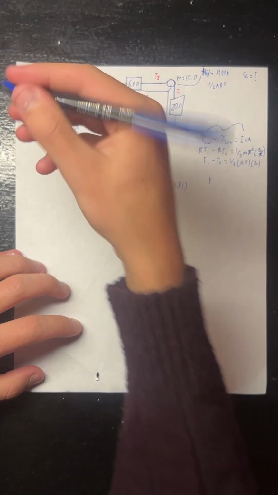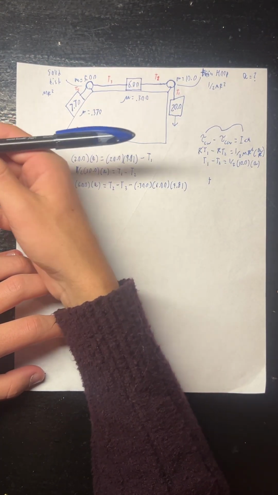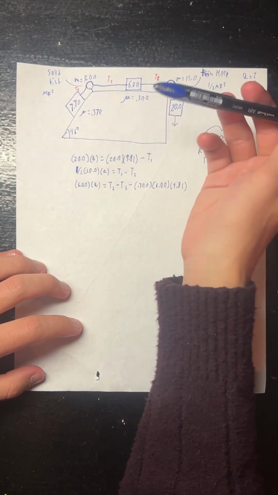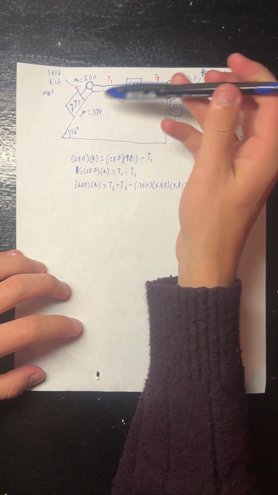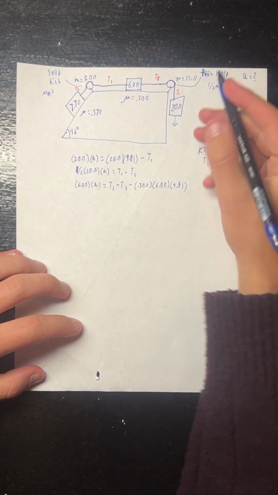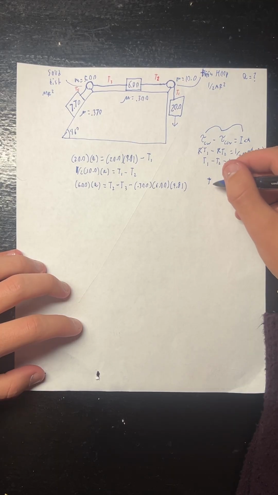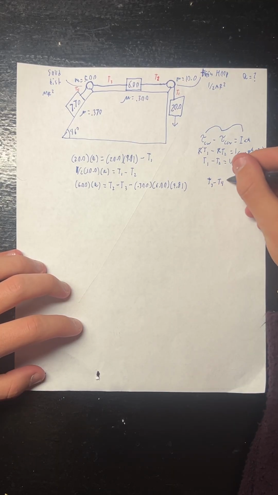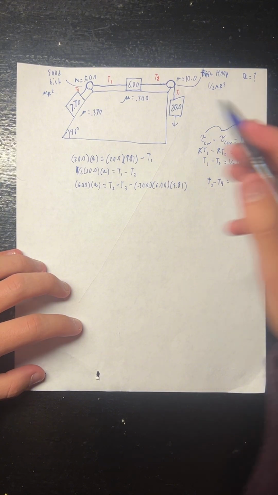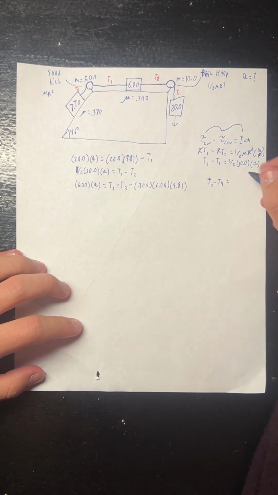Now we set up our fourth equation, and it's the same concept as this. It's just going to be the force going that way, RF, the tension that way, minus RF, tension that way. So it's going to be T3 minus T4, and we're already canceling out the R's, equals, the solid disk is 1/2 mr squared, so the R's cancel, which is given as 5, so 1/2 times M times a, with M being 5.